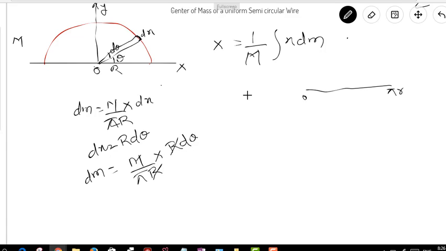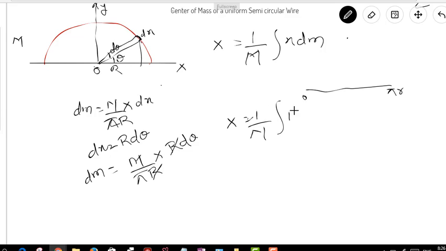So let us replace the value of dm here. We know that x center of mass is equal to 1 by m times the integral of x dm, where x is the x coordinate of the differential element. The value will be r cos theta, right?